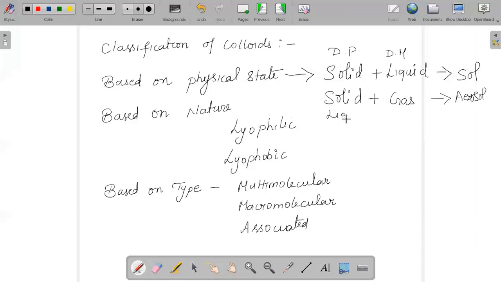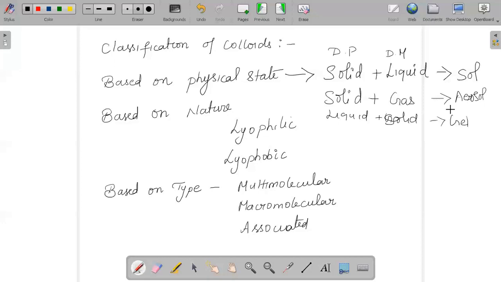For example, liquid plus solid is called gel. Do remember that we need to learn at least one example of each type. Liquid in liquid, we give the name emulsion.